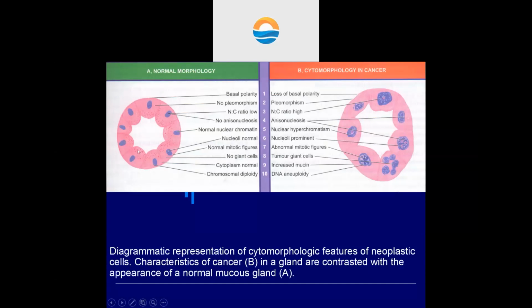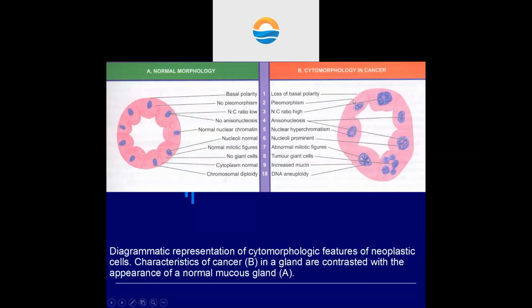You see the line of the nuclei close to the basal membrane. On the right side, we see loss of basal polarity. So you see some nuclei closer to the basal membrane, the other ones not.